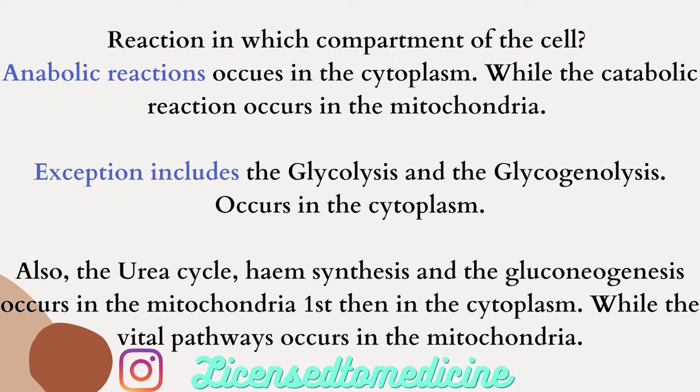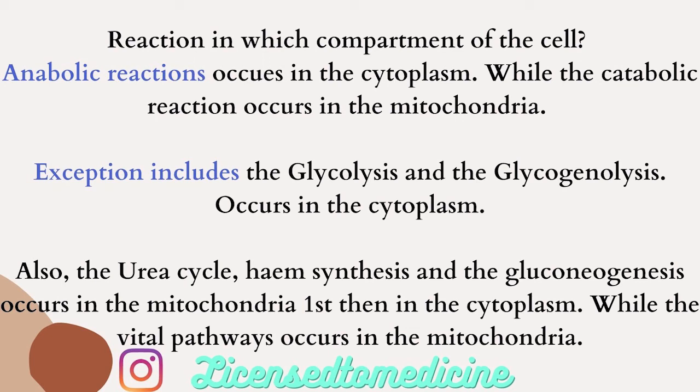See, we have till now understood that insulin activates all the anabolic pathways by the mechanism of dephosphorylation. Okay, now we have to add one more thing, that all the anabolic reactions which are activated by the insulin by the mechanism of dephosphorylation occur in the cytoplasm.